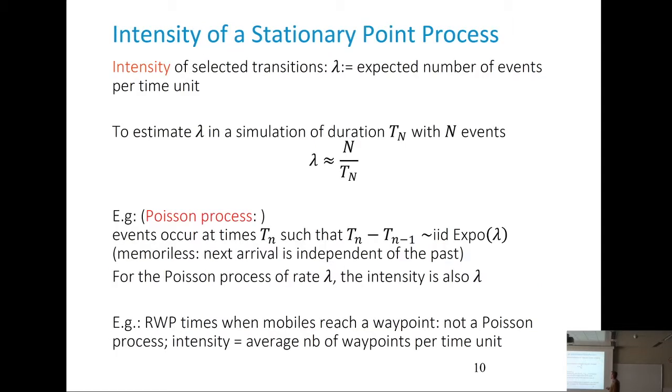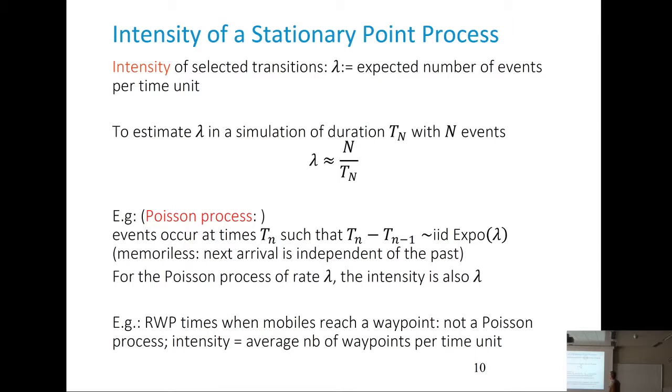The first thing is to have what we call the intensity formula. What is the intensity? Well, for any framework like we have, i.e. a stationary point process with a selected state of transition st and selected time instance tn, the number of events per time unit is well defined.